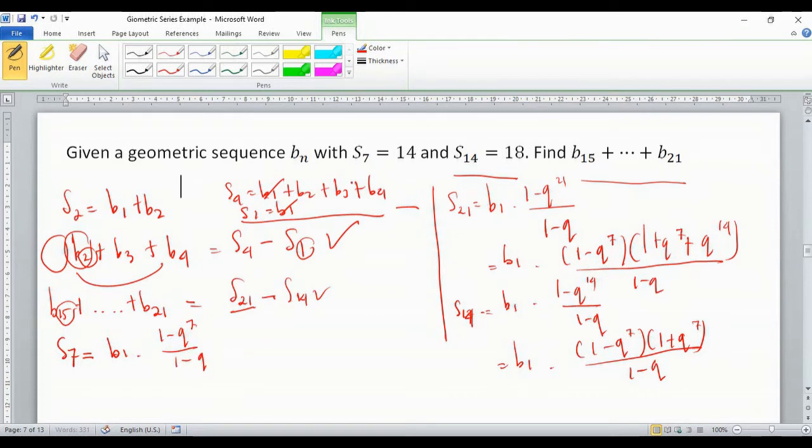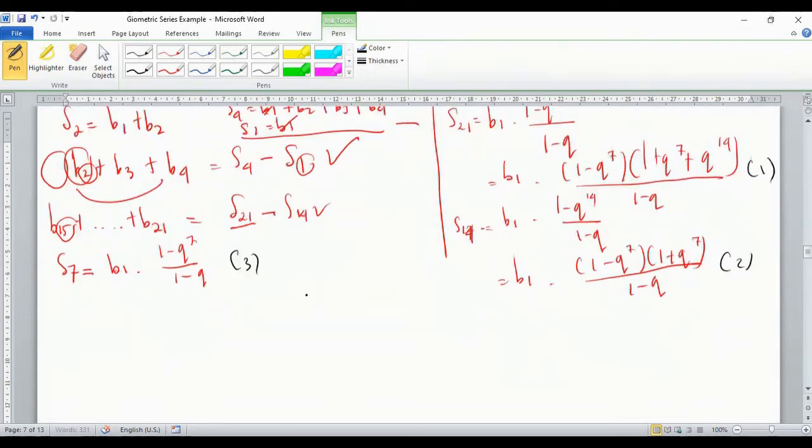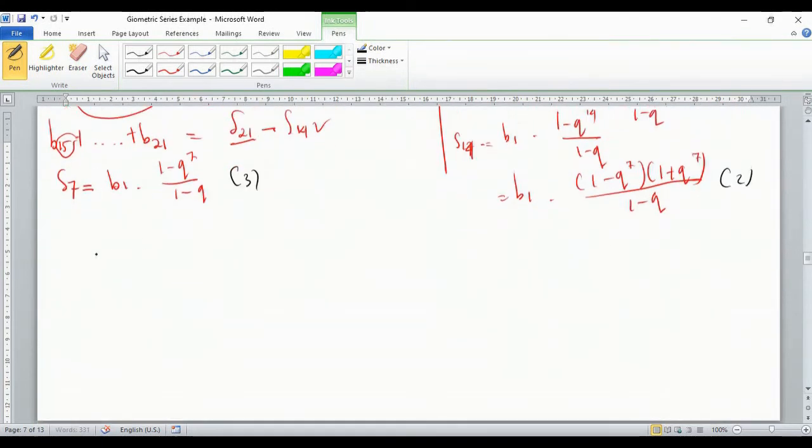Okay, so we have this one. This is equation 3, this is equation 2, this is equation 1. We want to divide equation 1 by equation 3, which is S21 divided by S7.